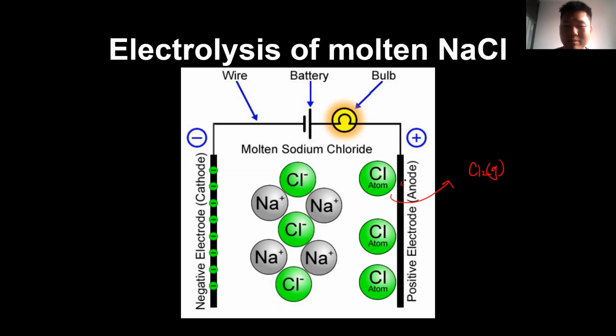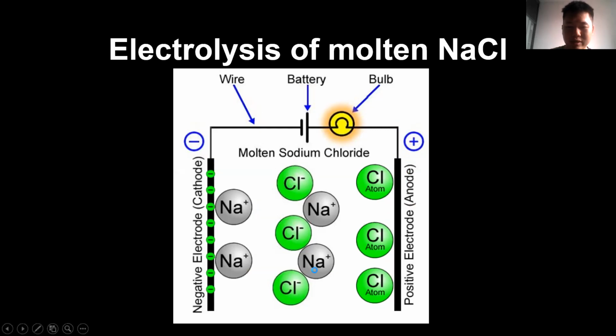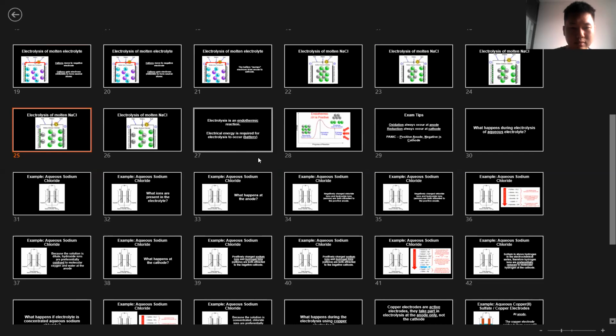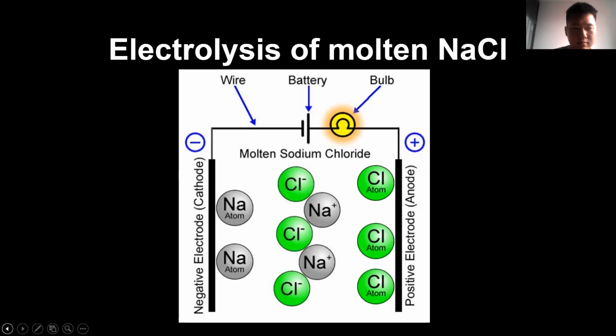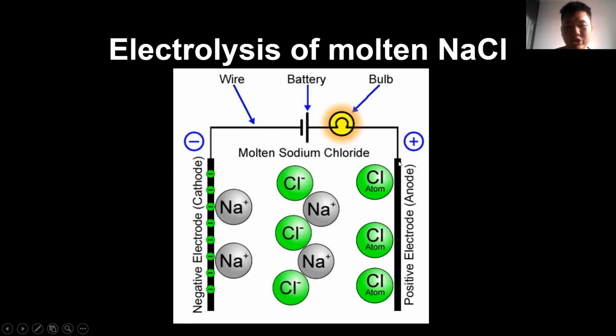So you can actually see bubbles of Cl2 gas appearing at this positive electrode. The chlorine atoms will not remain as single atoms; they will combine together to form diatomic chlorine gas. Electrons will then move up the battery to this negative electrode, where the positive cation will be attracted.